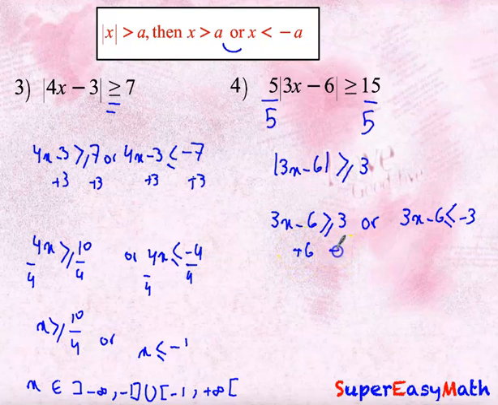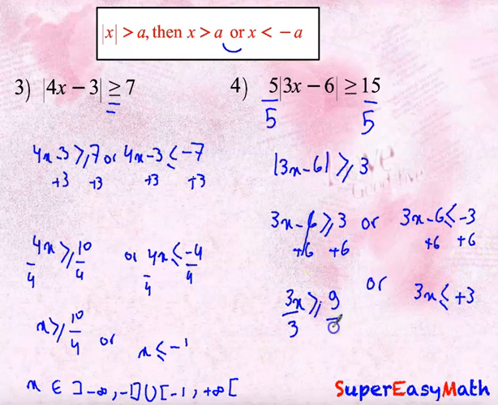Plus 6 on both sides, so 3x greater than or equal to 9, or 3x smaller than or equal to +3.